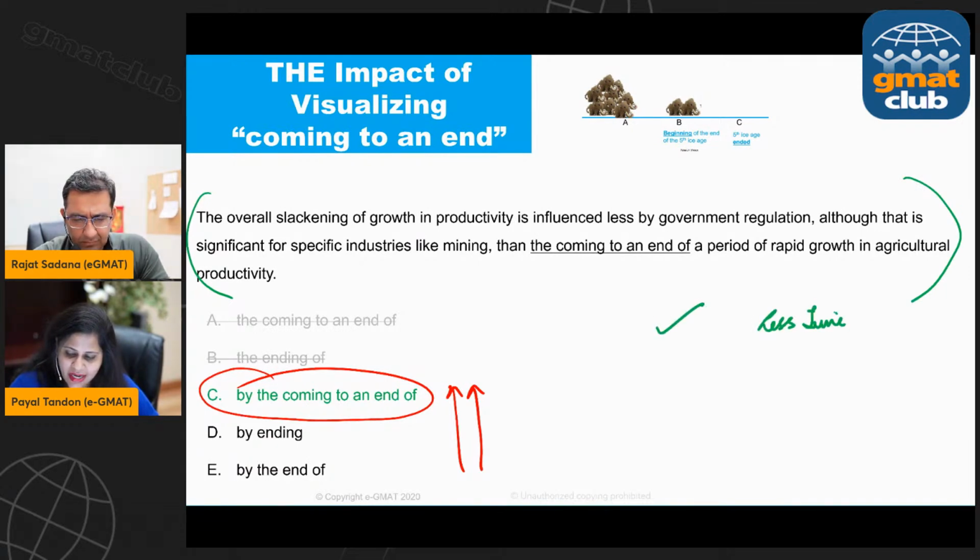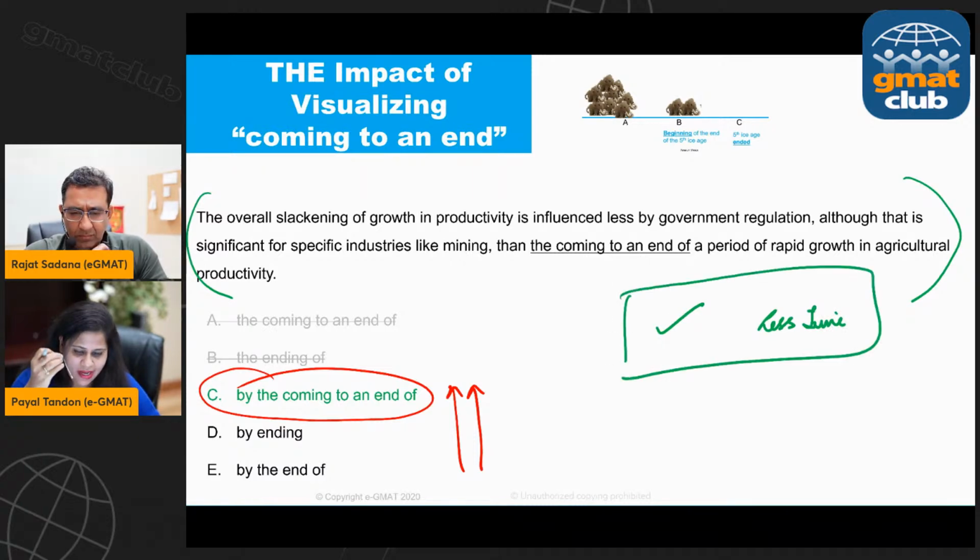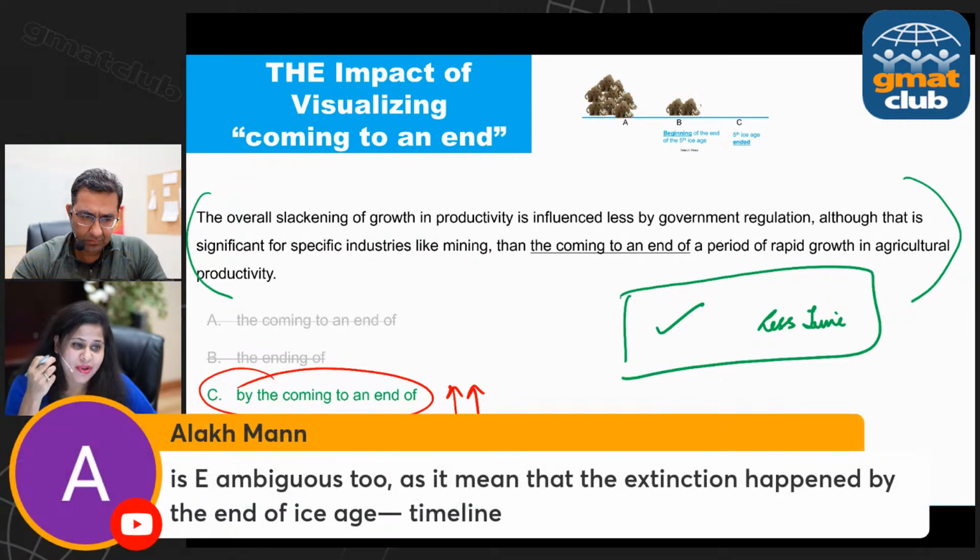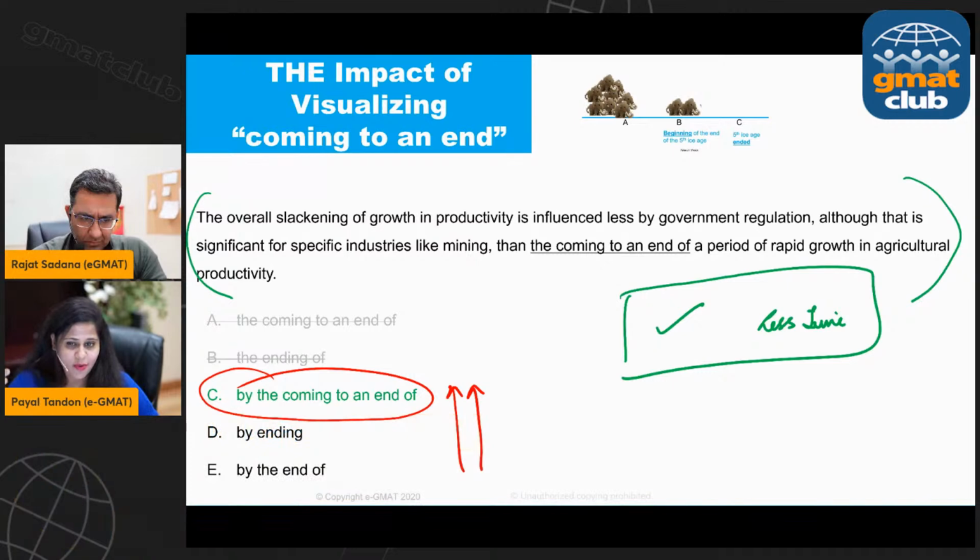That is the understanding that we want you all to have: what level of understanding of the sentence you need so that you don't do the back and forth amongst the answer choices, because you all experience that back and forth. Visualization is one tool to get there. Building that visualization skill is the way to get there. We're going to talk about it from the next question. We're going to understand one other skill which is very important for you to get there.